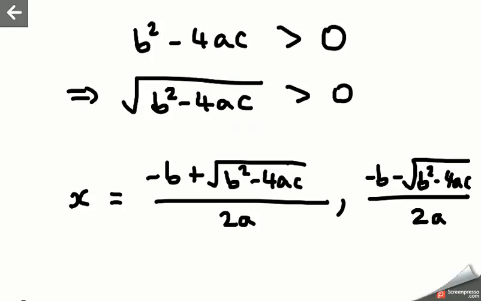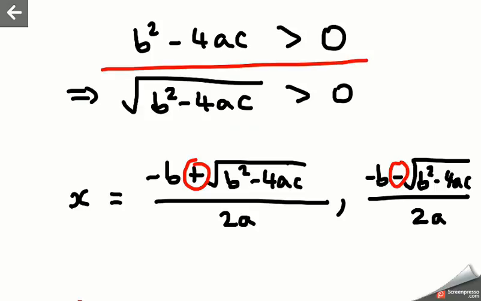These are two different solutions. We're adding something positive onto negative b, or subtracting something positive from negative b. So when b squared minus 4ac is bigger than 0, we get two real solutions.